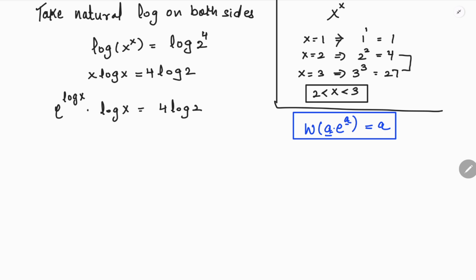Okay, so like here, if you see, what is the coefficient of e? Log x. What is the exponent? Log x. And what is the coefficient? Log x, right? When exponent and coefficient are the same and I apply the Lambert function, and whenever I apply the Lambert function, I will apply it on both sides.